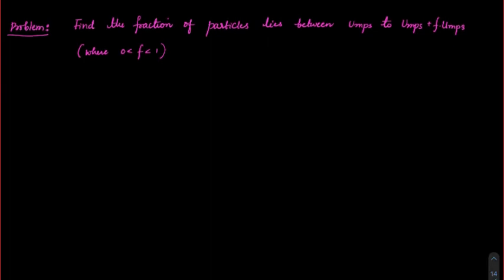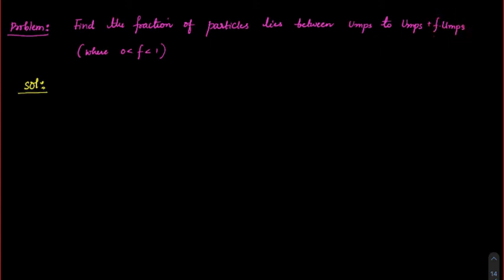Now, coming to the next important question. This is an extremely important question, guys. Understand the concept behind it, that is very, very important. Check this out, the question reads something like this: find the fraction of particles that lie between u MPS and u MPS plus some fraction into u MPS.